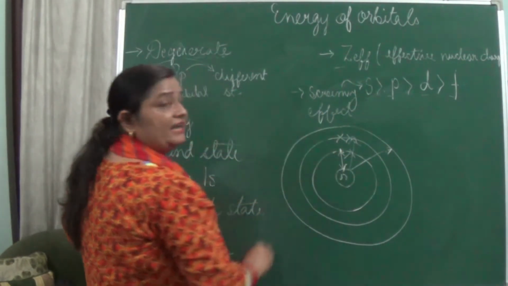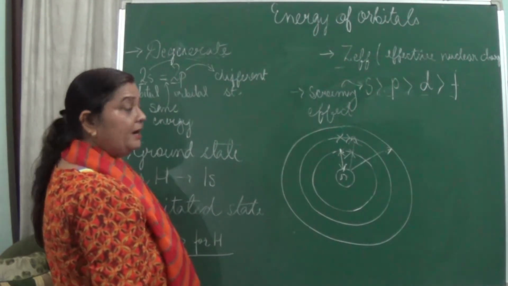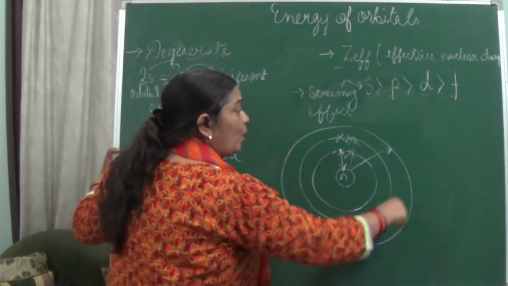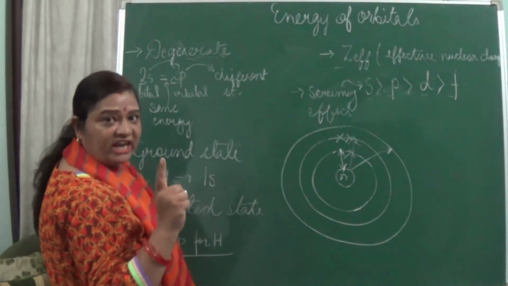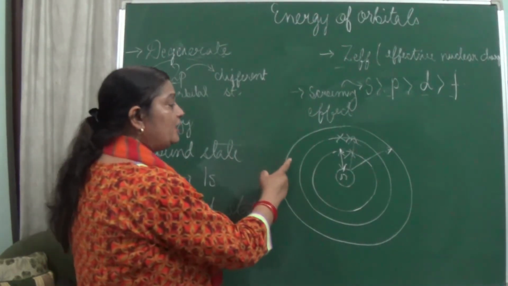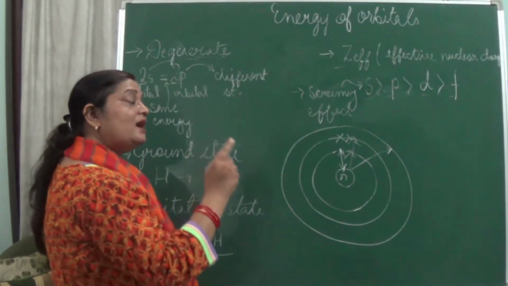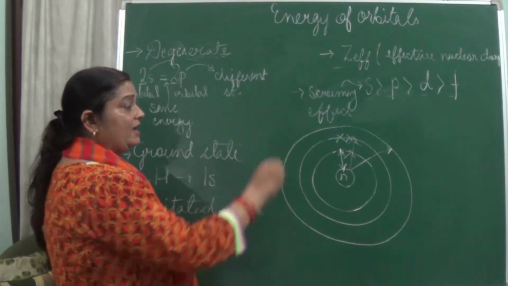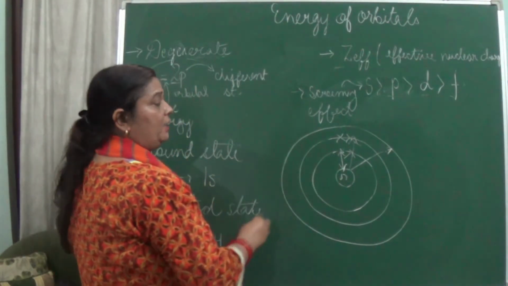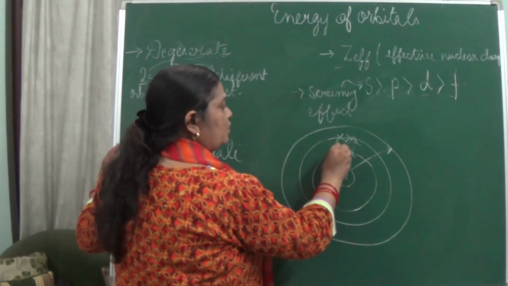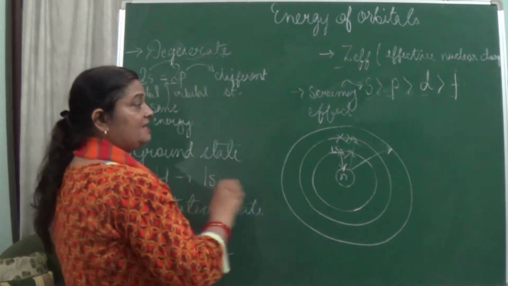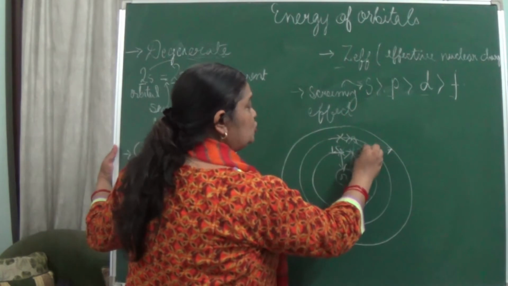As we go on further with the orbits, this charge is different. Now, this I said with reference to the shell. Now I am going to say it with reference to the subshell. The first shell consists of 1s. The second consists of 2s and 2p.